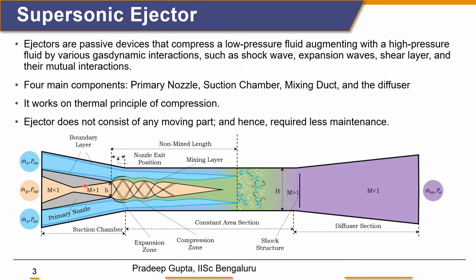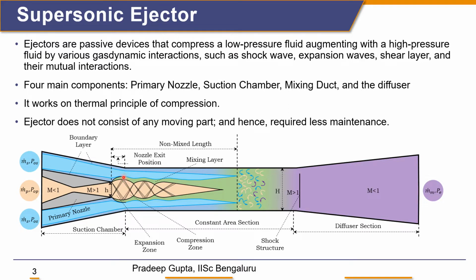Further expanding the area results in an increase in the velocity, and it increases to supersonic velocity after the nozzle throat. Since the velocity is supersonic, the pressure in this region will be very low, and that causes the secondary flow to enter the ejector.